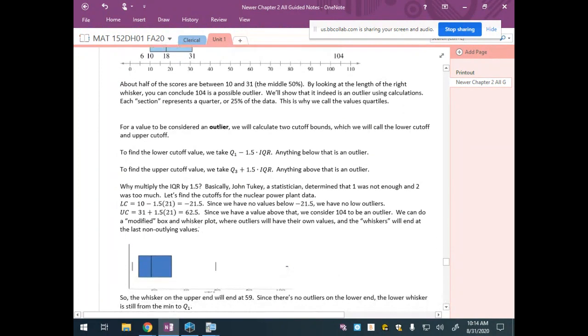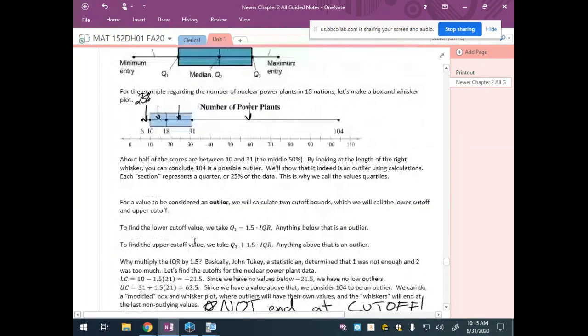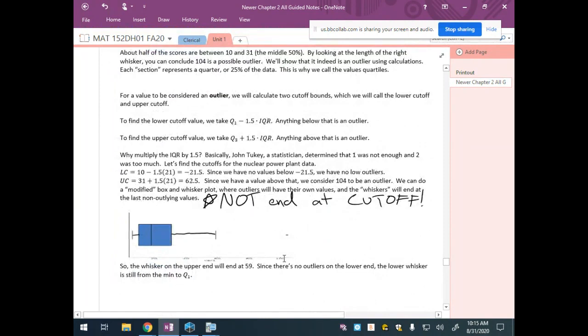Now, in other words, here's what happens. They will not end at the cutoff point. So, for some reason, this did not copy over. But what happened was that the outlier of 104 gets its own value.